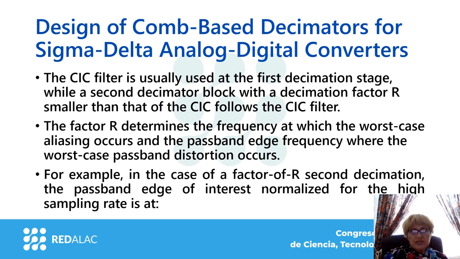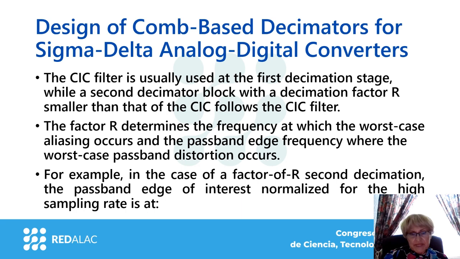The CIC filter is usually used at the first decimation stage, while a second decimation block with the decimation factor R is smaller than that of the CIC filter. The factor R determines the frequency at which the worst-case aliasing occurs and the passband edge frequency where the worst-case passband distortion occurs.